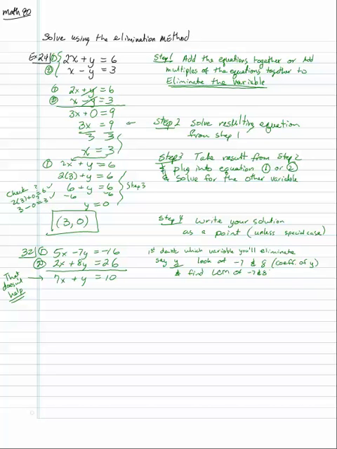So the LCM will be, I guess, 56. So now I know where I'm going. I need to multiply equation 1 by a number so that I get 56 for a coefficient of y. That's what I'm going for. So 7 times what is 56? Hopefully you say 8. So now I'm going to multiply everything in equation 1 by 8.